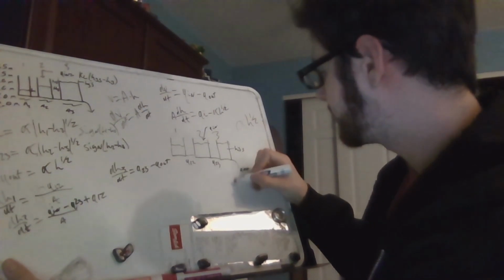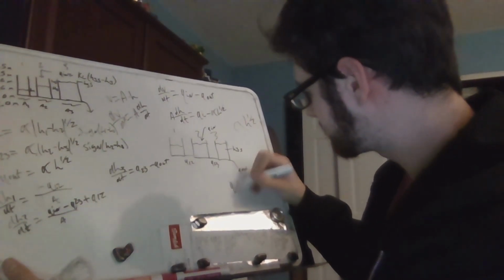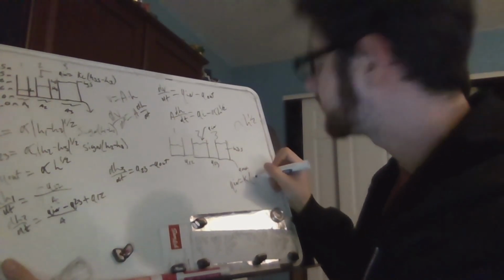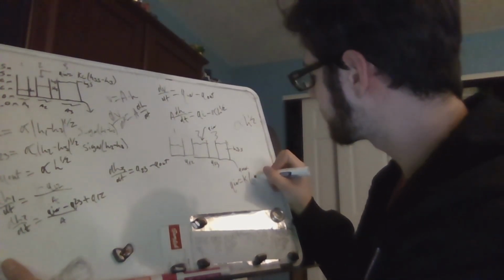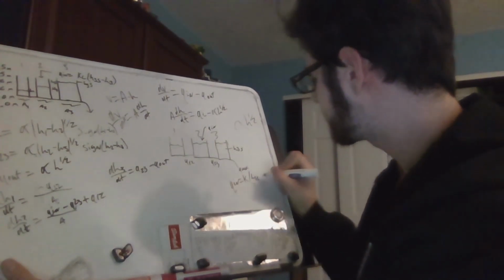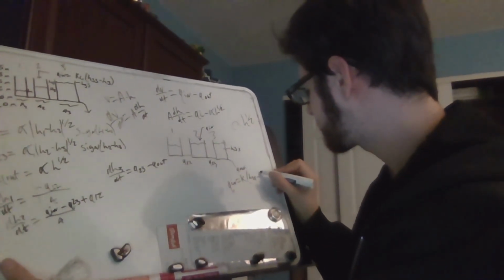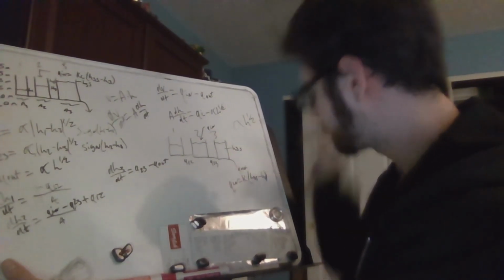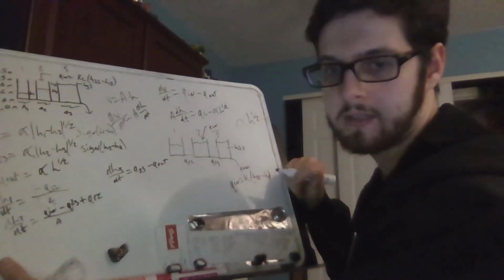Q in is equal to Kc times the set point height, in this case H3 set, minus the actual height. So that's what the rate in is.